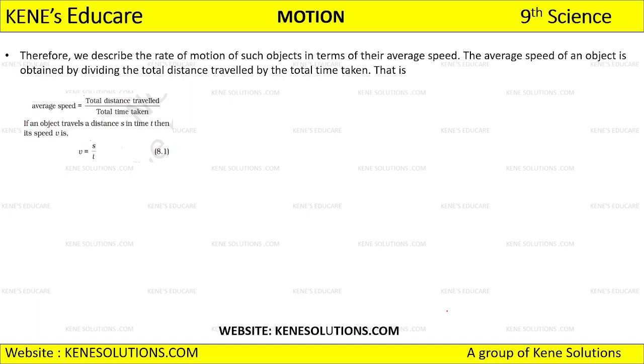If an object travels a distance s in time t, then its speed is v. So v is equal to s upon t. v is the speed, s is the distance traveled, and t is the time taken to travel that distance. I want you all to write about this average speed along with the formula.